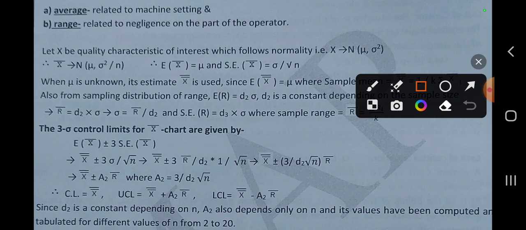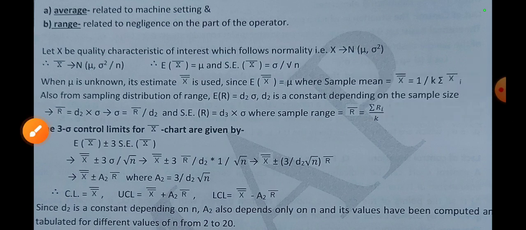So for control charts for variables, when the standards are known, that is, the values of mu and sigma are known, we just have to put the values in our 3 sigma control limits. Whenever the standards are unknown, we need to find their estimated values. X bar bar is used to estimate the value of mu, and sigma can be calculated through the value of range.